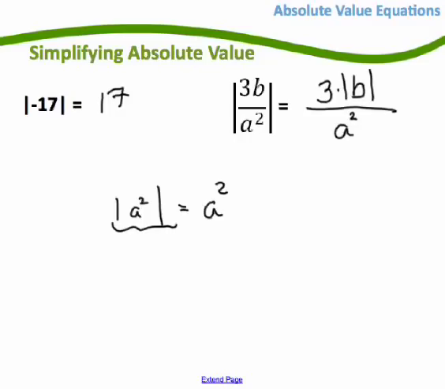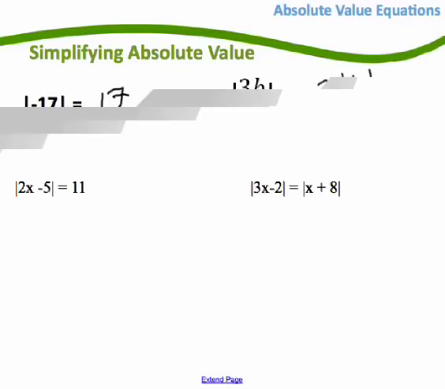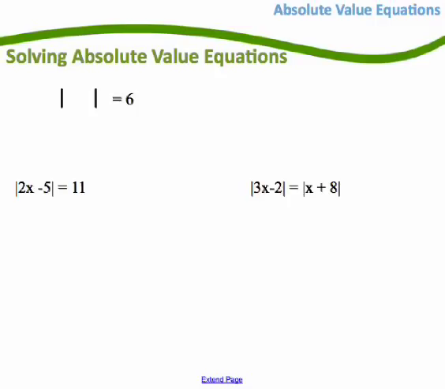Now let's look at a couple of equations for solving for absolute value. One thing that you have to keep in mind when you're looking at any of these equations is you want to focus not maybe on what's inside here, but focus on that you do have something in there that will change signs.